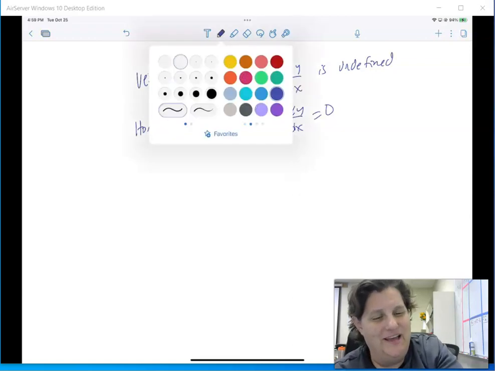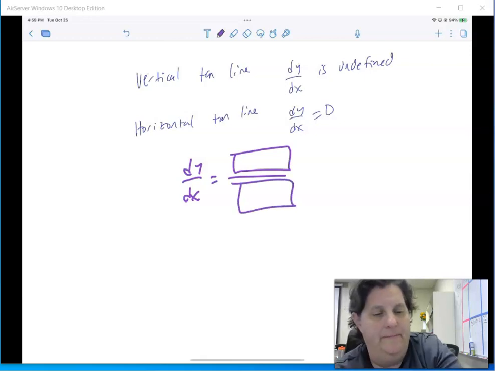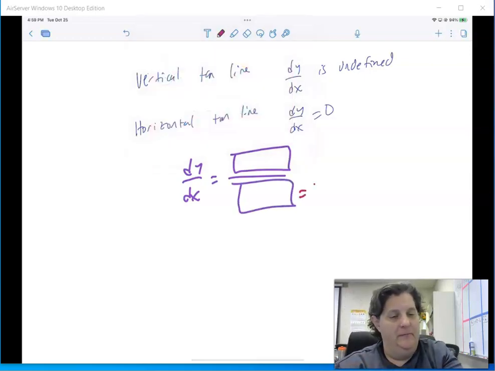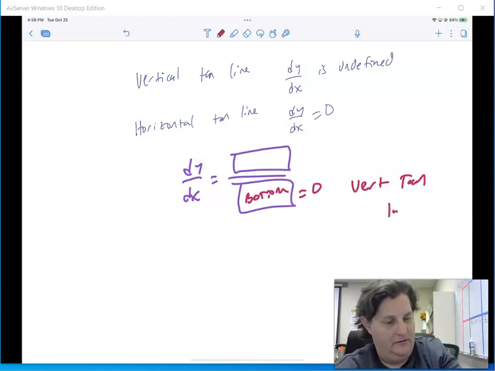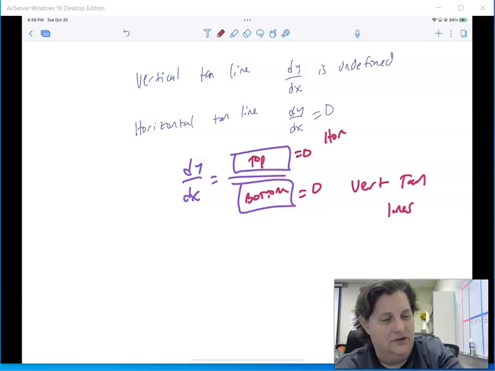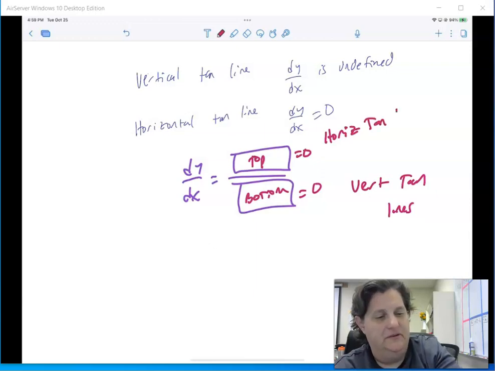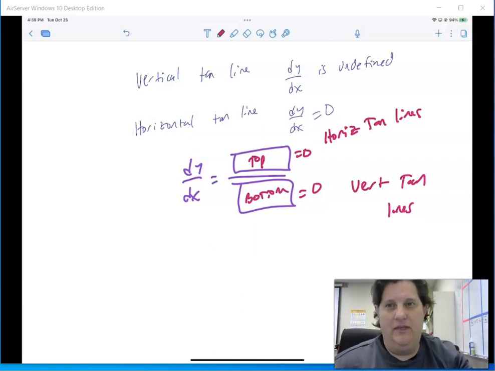Typically with these type of problems you'll get some equation like dy/dx equals one expression over another. Bottom equal to 0 gives you vertical tangent lines. Top equal to 0 gives you horizontal tangent lines, because that's the slope of 0. So you've got to know that.